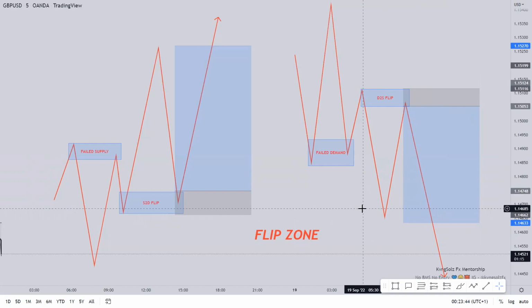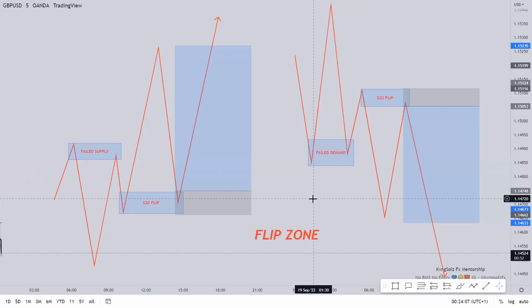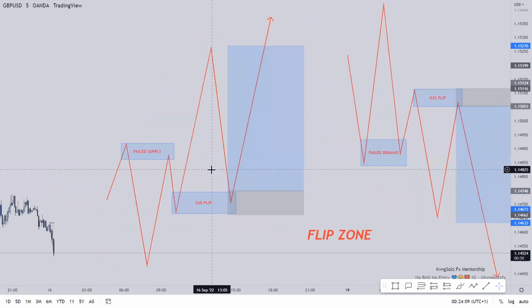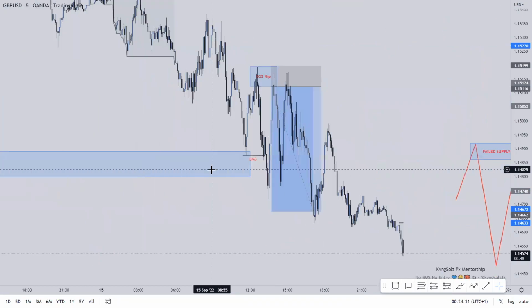But now I'm coming with a good, presentable example for the flip zone. If you've not watched the first video, please check my first video on flip zone simplified, more like understanding flip zone. Just check that video first, and then you would see what I have.